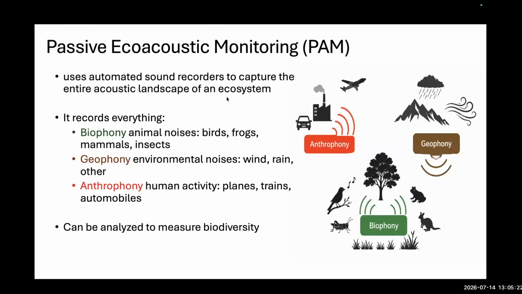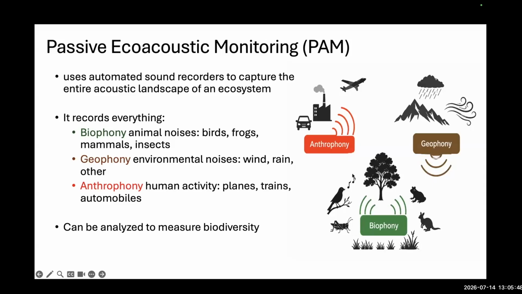So I imagine everyone here knows that passive acoustic monitoring is where you just put automated sound recorders out in the bush and you capture the entire acoustic landscape of an ecosystem, just everything that happens. And so that includes the geophony, which is the wind and rain and earthquakes and lightning and things like that.